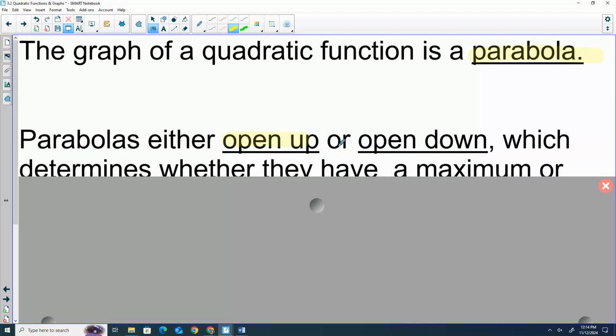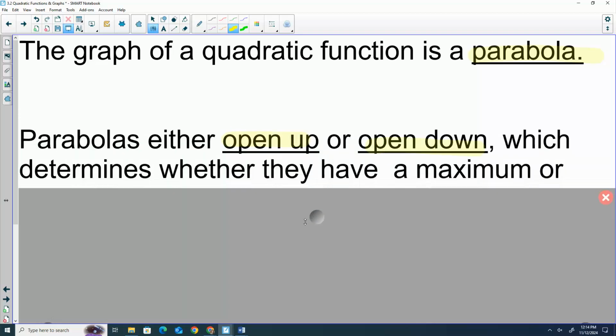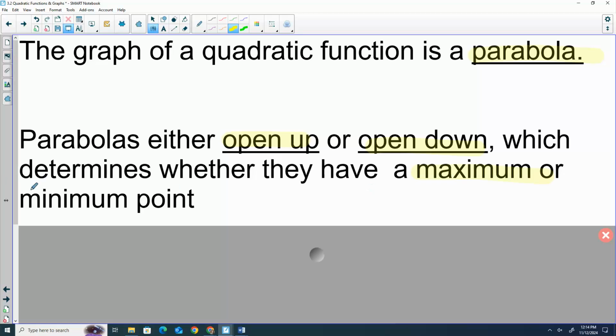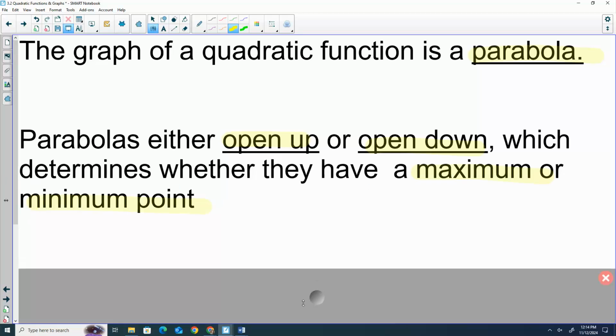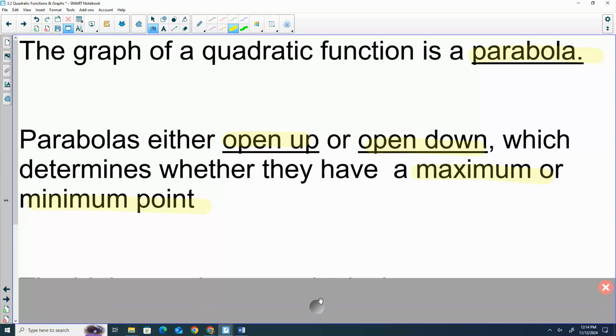They're either going to open up or open down, which will determine if it has a maximum or a minimum. So if you think about a parabola that's facing upward, it has a lowest point, so it has a min. A parabola that's facing downward has a highest point, so it has a max.